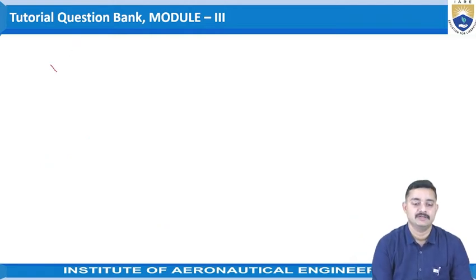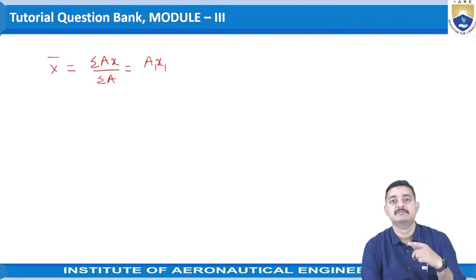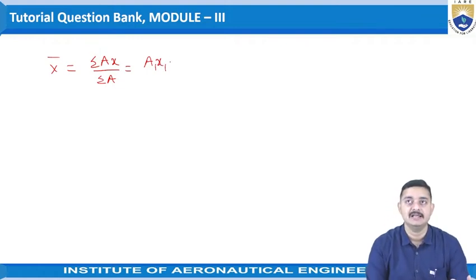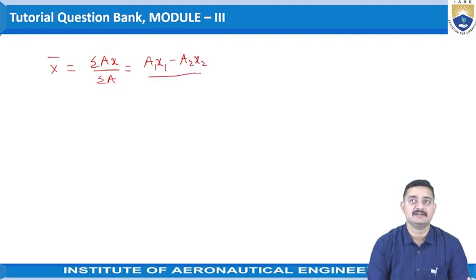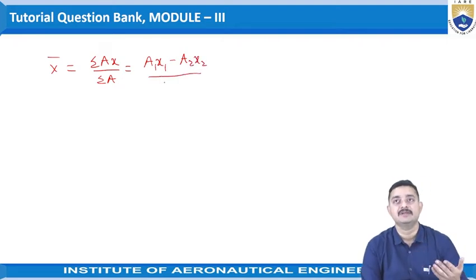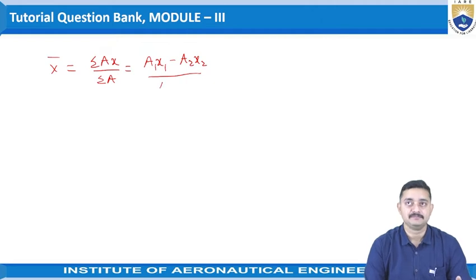Now let us identify the x bar, and the formula given is sigma ax by sigma a. So that would be a1 x1 is the information about first rectangle minus a2 x2, we need to subtract from the first part. Then A1 minus A2.